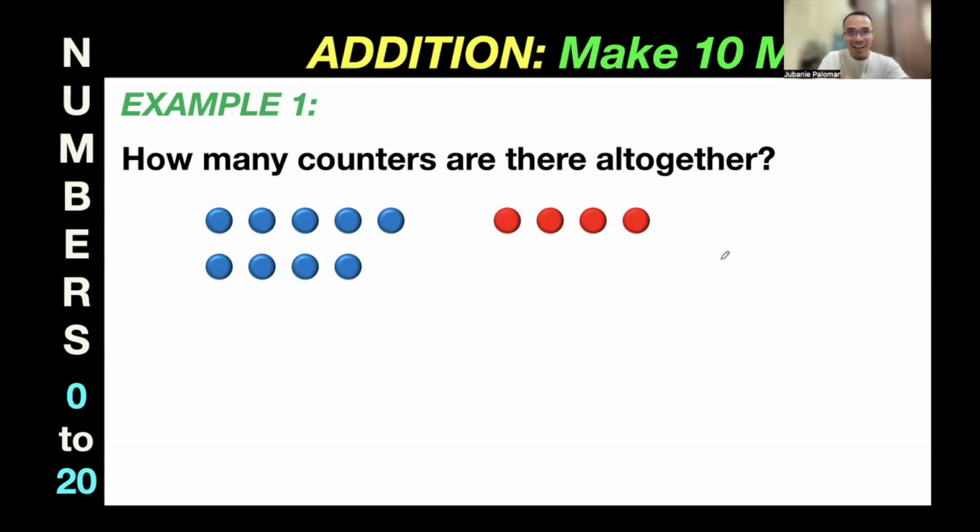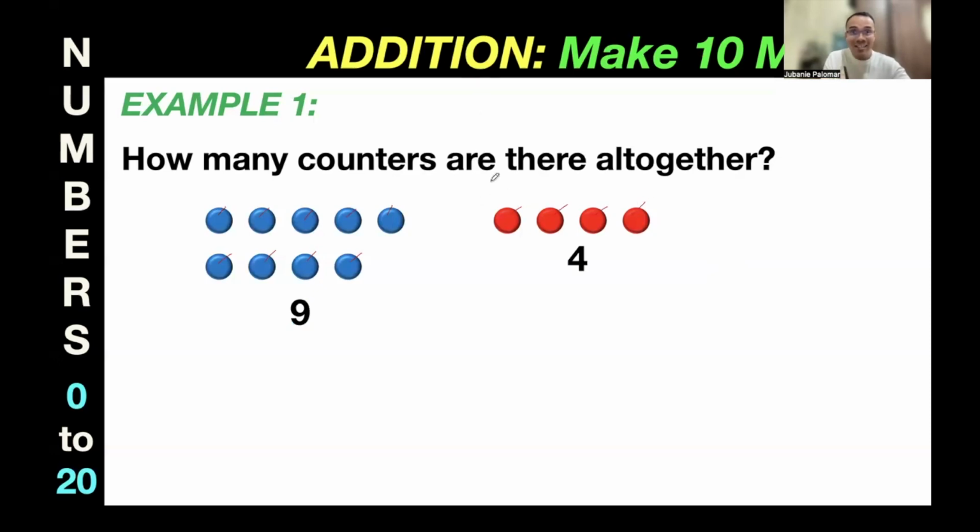First, let's count the number of blue counters in the picture. There are 1, 2, 3, 4, 5, 6, 7, 8, 9 blue counters. And there are 1, 2, 3, 4 red counters.